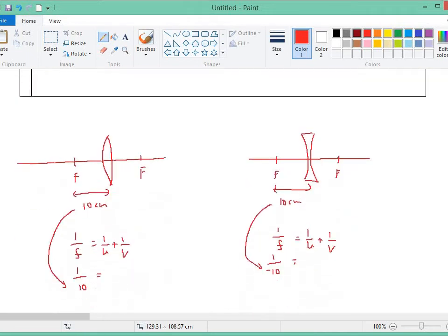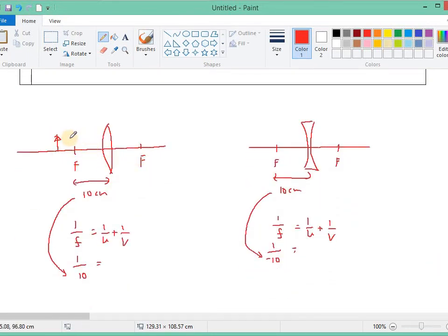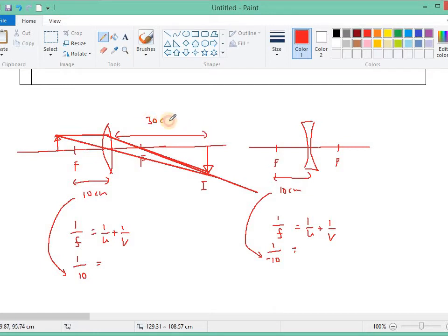For example, if we have the object here, and the image is here, and let's say this image distance is 30 centimeter, we put inside here positive 30.